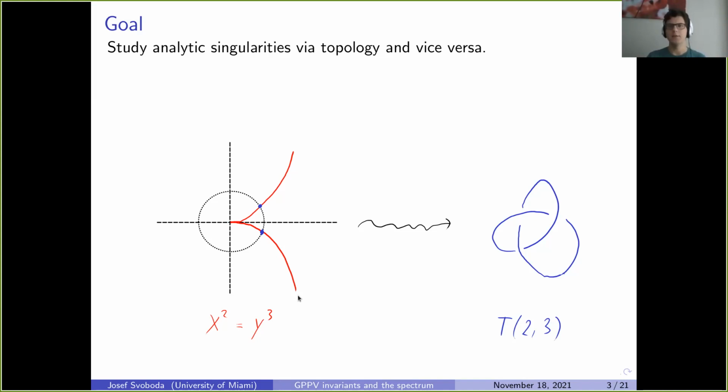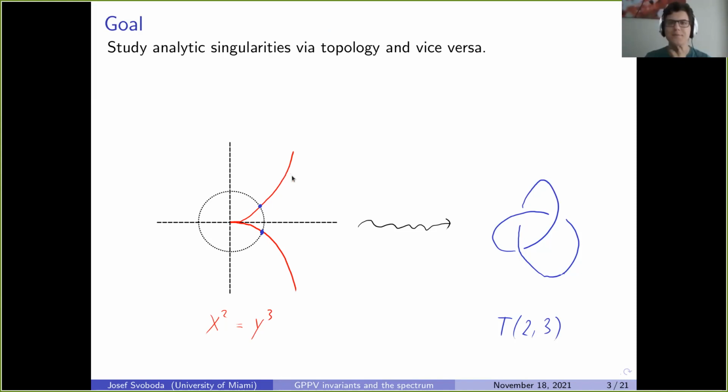And for example, one way to see that the curve is non-singular is when you get an unknot there. Sorry, I just got confused by myself. So this is an exercise, what happens around a non-singular point.